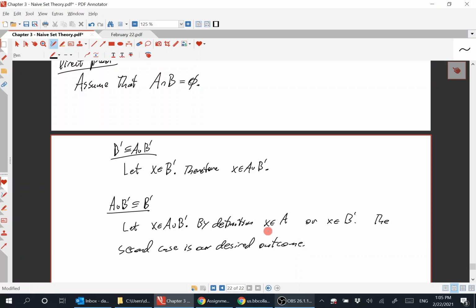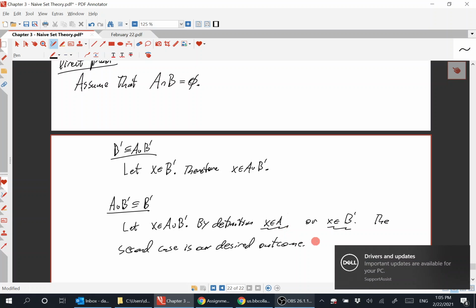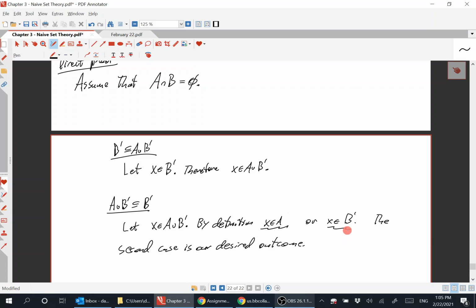So now you have to consider both cases. That's the first case and that's the second case. Either X is in A or X is in B complement. The second case is what we want, that it's in B complement. We're trying to show that X is in B complement, so the second case is the desired outcome.